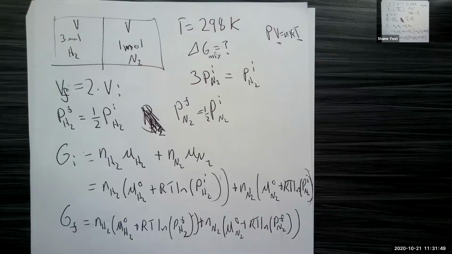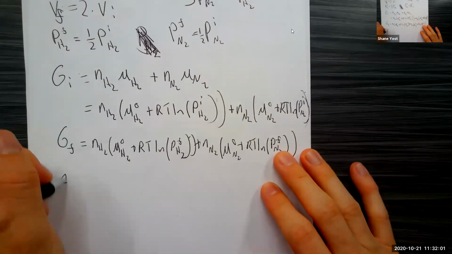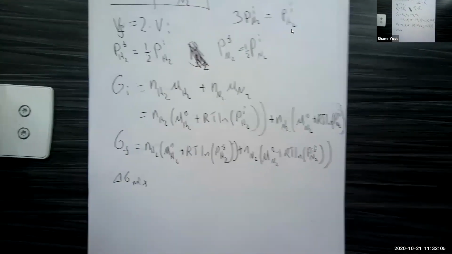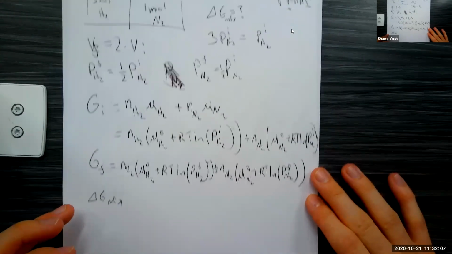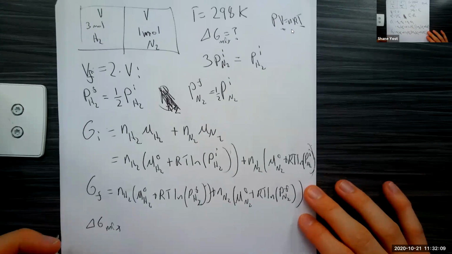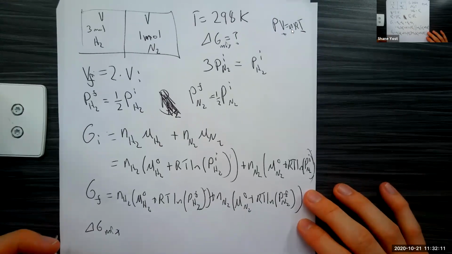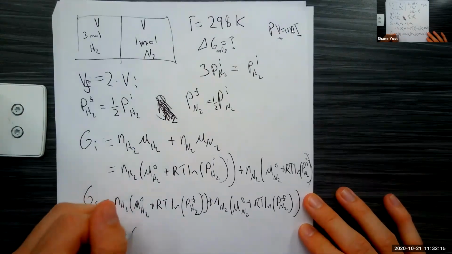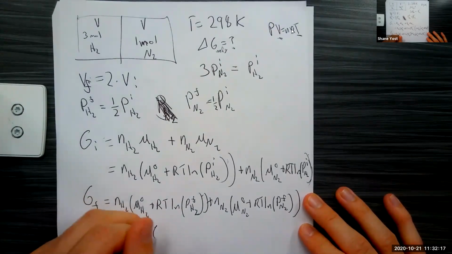And I want to know, again, what is the free energy change of mixing, which is basically the difference in the free energy after I mix the gases versus before I mix the gases. So delta G mix, trying to zoom out a little bit here and keep all this stuff in view, is just G final minus G initial.